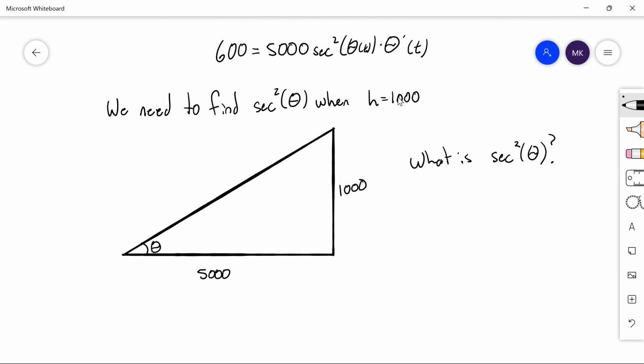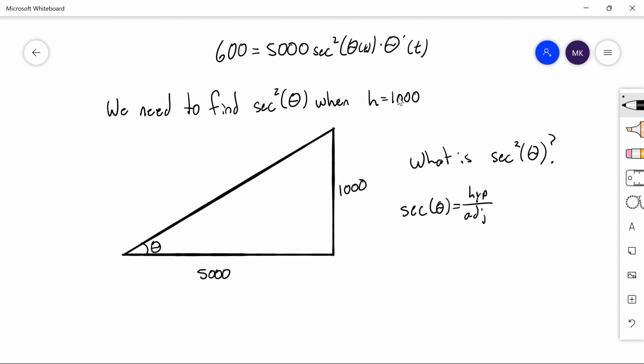So in general, secant of theta is what? 1 over cosine. Yes, you're not wrong, but let's think about the sides of the triangle. It is hypotenuse over the adjacent side, because cosine is adjacent over hypotenuse.